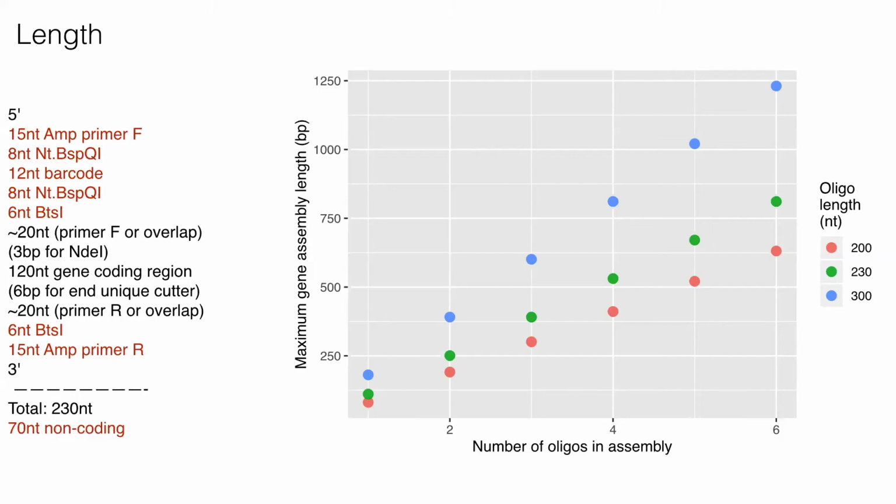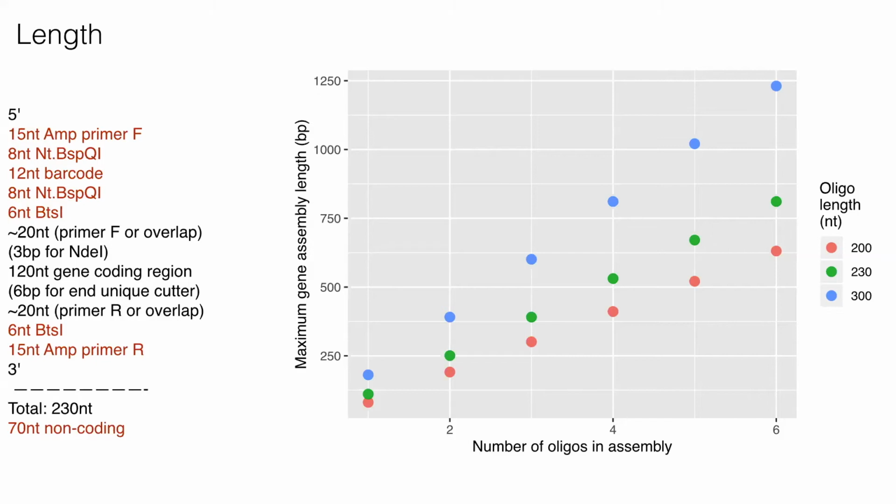All of these sites added together add up to about 70 nucleotides of required non-coding sequence that you're going to have to use on every single oligo you order. This defines the scaling of what you can assemble given a certain oligo length.